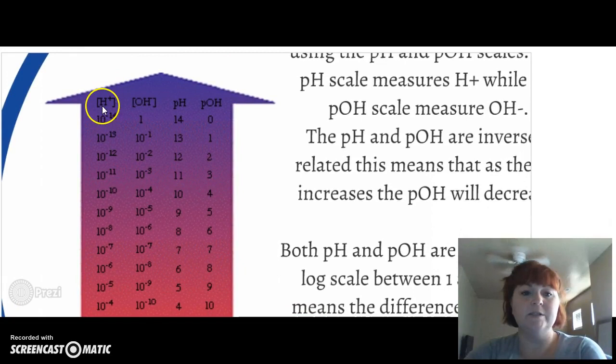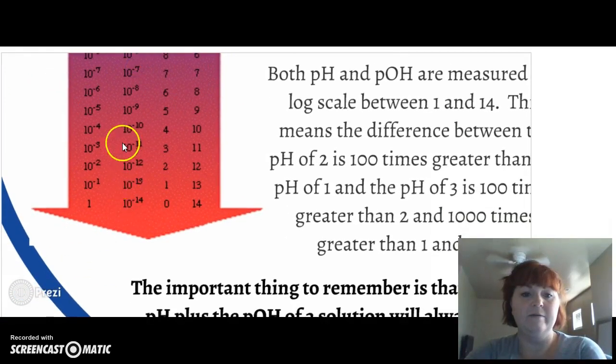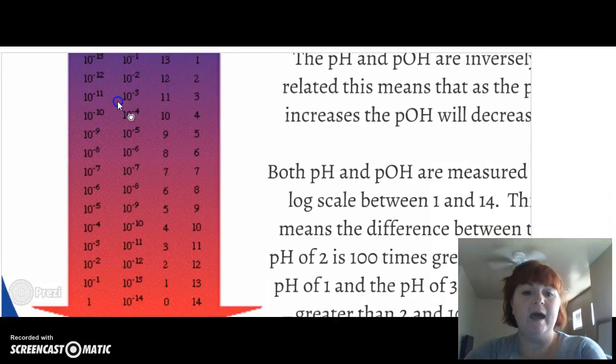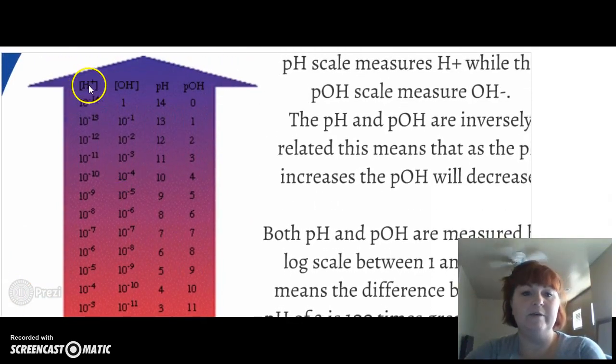So this is our concentration of H plus and this is our concentration of OH minus in actual numbers. These are how many of these little guys I have in my solution. And so when I have a high concentration of H plus, I'm going to have a pH of 14, okay? And this is an acidic solution.